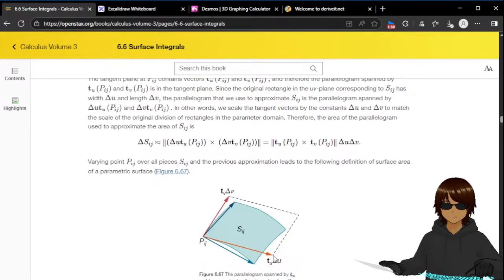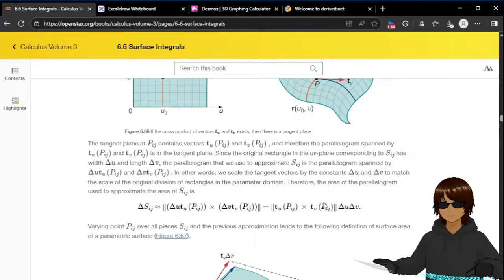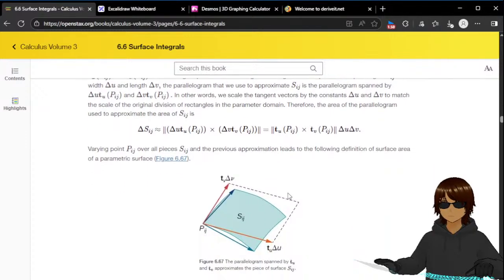So this here won't be the same length as this, right? So is it really a good approximation for the area of this? I don't understand why these two make a good approximation for the area of this.